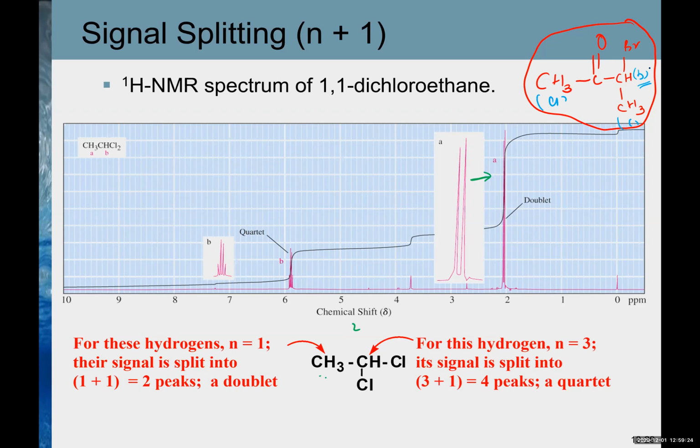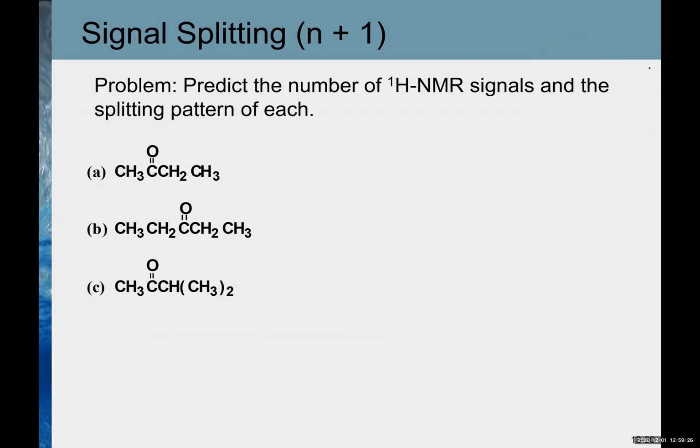Okay. This is similar to the problem we just saw. So let's predict one more time. You tell me whether the signal will be a singlet, doublet, triplet, quartet, and so on. So how about this signal? Singlet.